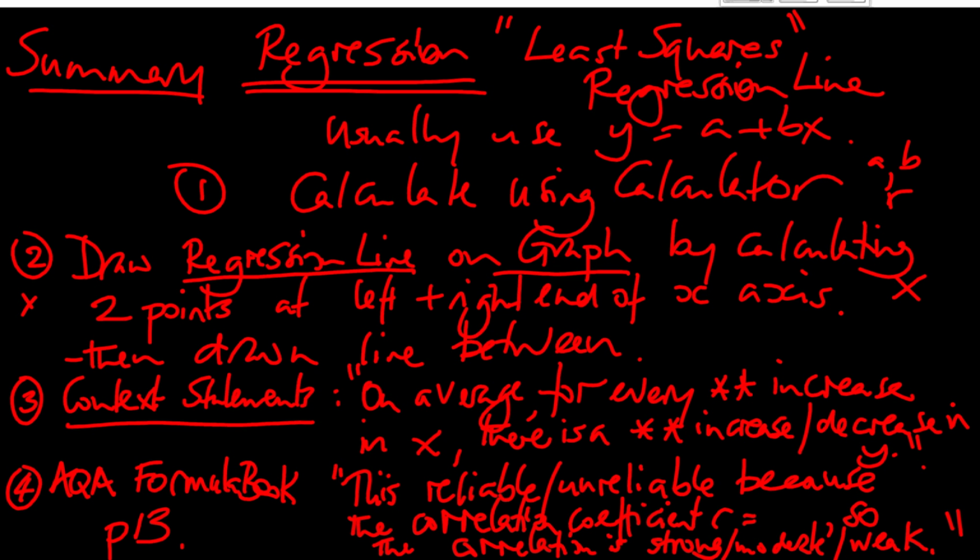You want to be ready to routinely add a statement along the lines of, on average, for every xx increase in the x value, there is a yy increase, or decrease, in the y value, because it could go up and it could go down depending on what the gradient is.